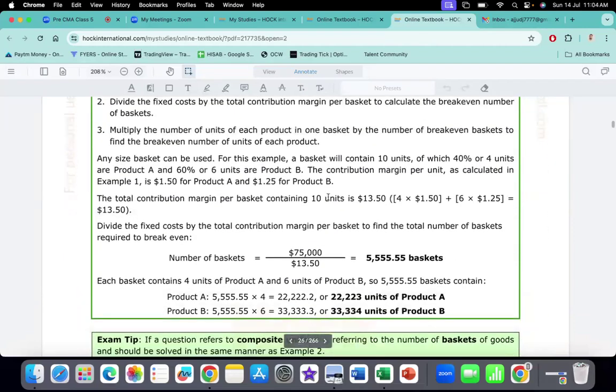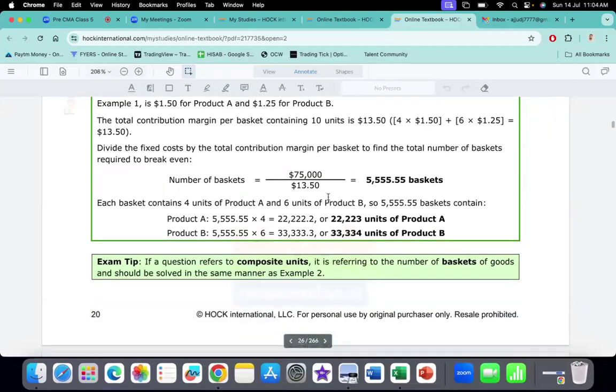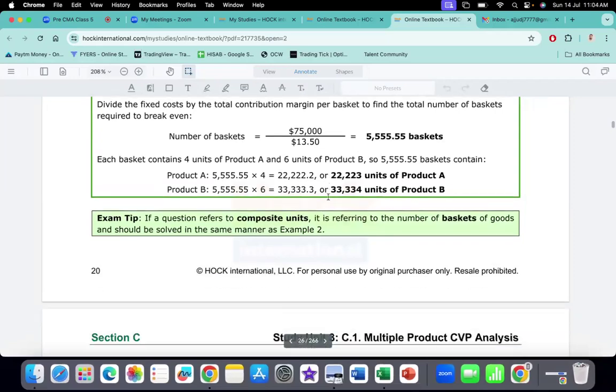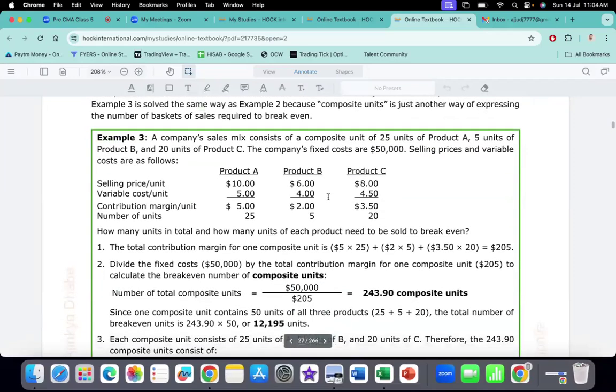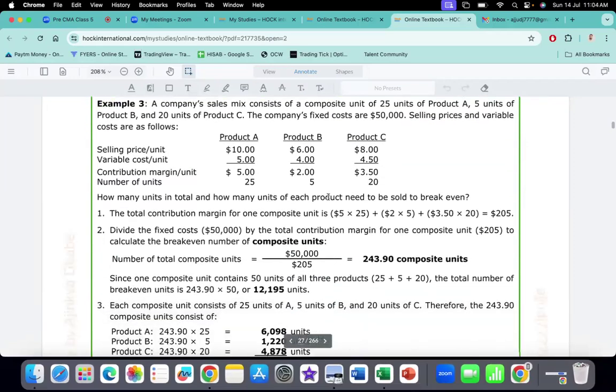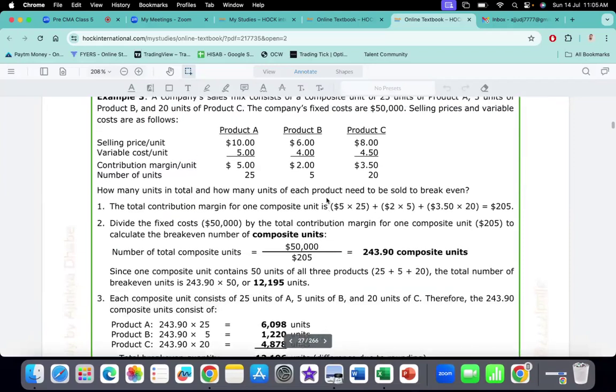So there are multiple ways to calculate it. If you want to calculate it in value, you can calculate it. If you want to calculate it in number of units as well, you can still calculate it. Either way, you can do it. If there are 3 units, the things basically still remain the same.